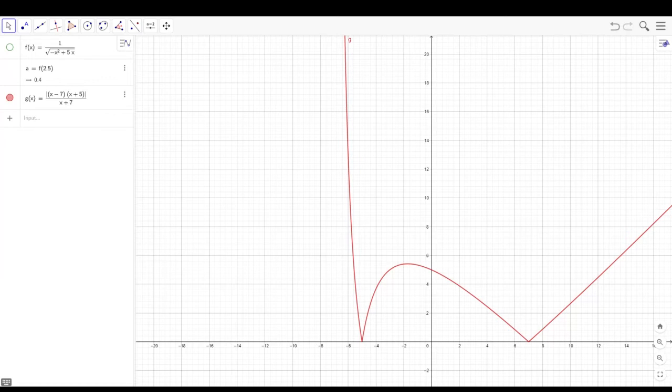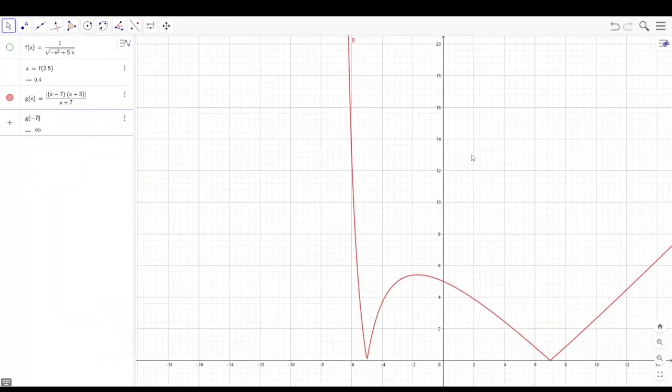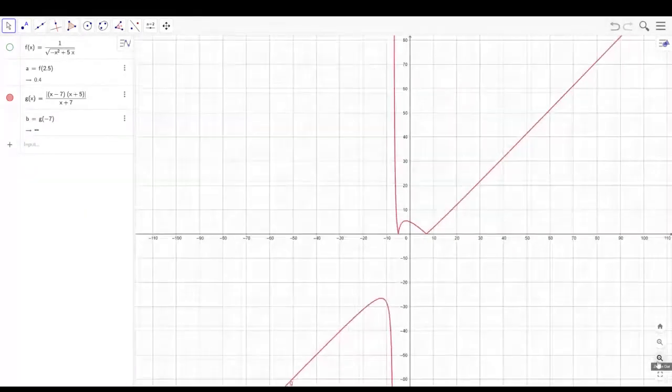What kind of discontinuity? Are the left-hand limits and the right-hand limits equal as we approach -7? Who can tell me on the chat? So you've got this function, and for g, we've defined g of -7 not to be this, but it's 0.